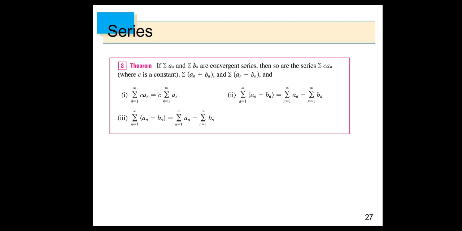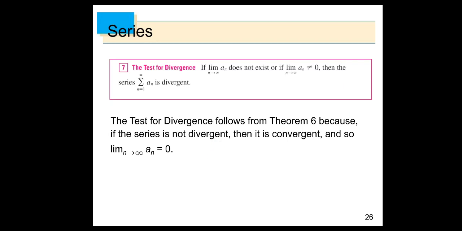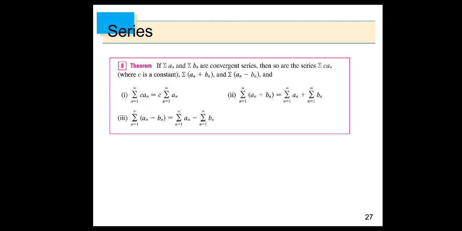And in equation 3 it's the same thing, but we have the subtraction over here: sigma of a_n - b_n would be equal to sigma a_n where n equals 1 to infinity minus sigma b_n where n equals 1 to infinity. So these are actually the properties of series, right?